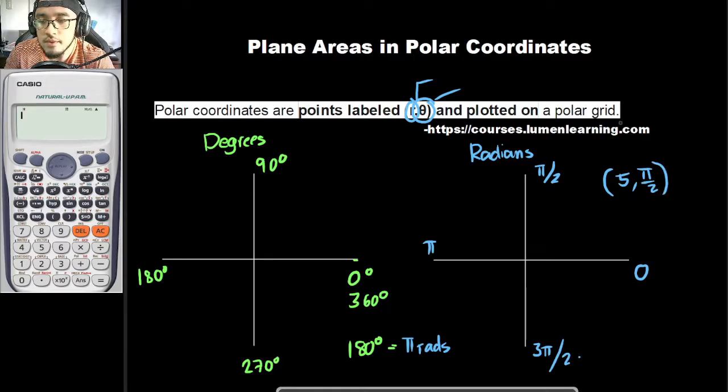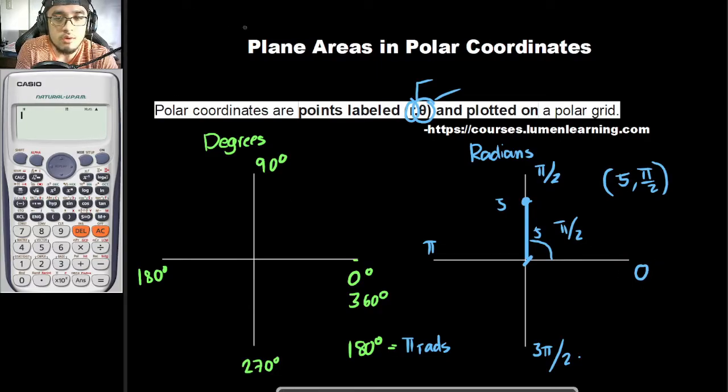The distance of the point from the origin is 5, and its angle from the positive x-axis is pi over 2. So it would be this one right here. The distance is once again 5, and it has an angle of pi over 2 from your 0 mark.